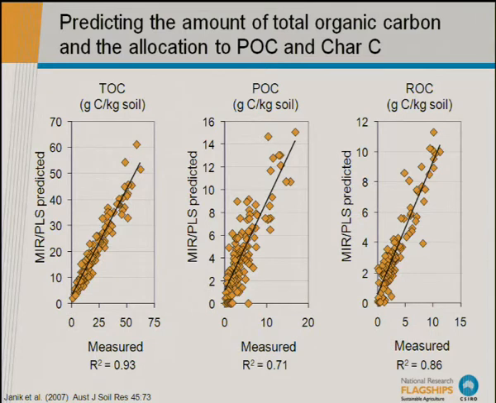So this is from Liz's 2007 paper, where this is a set of samples from around agricultural Australia. I forget the exact regions in particular, but you see we do a pretty good job, a really good job predicting total organic carbon, slightly more variability in the particulate and charcoal pools. But it's not bad as something that takes a few seconds essentially per sample to get data on.